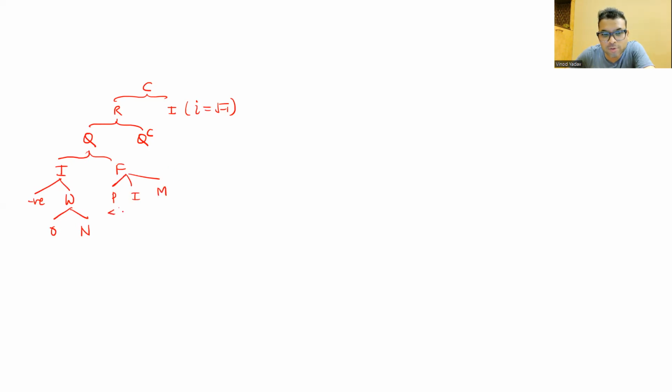Proper means the value is less than 1, improper means the value is more than 1, and mixed means something of this format, that is, addition of an integer and a proper fraction. Then natural numbers are further classified into even, odd, prime, composite. Then we saw relatively prime numbers.